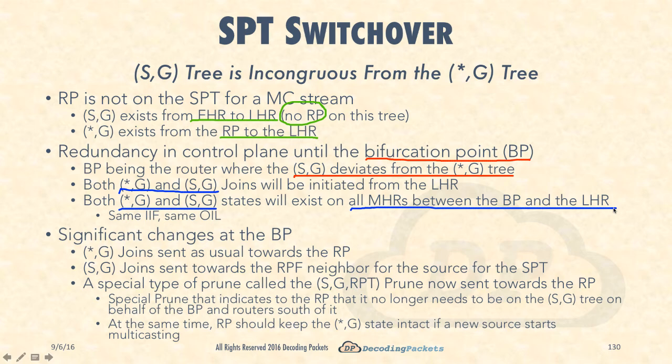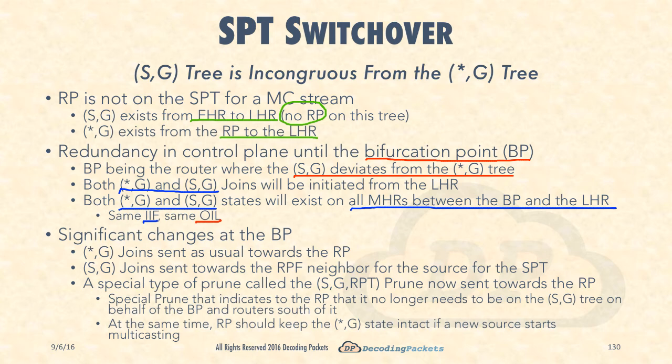Now in our topology, there are no such MHRs because it's a small topology. But all of the MHRs between the bifurcation point and the LHR have the same IIF for the *,G and the S,G. So they will keep both of these states. They'll keep the *,G state, they'll keep the S,G state, they'll keep the same IIF, and they'll keep the same OIL.